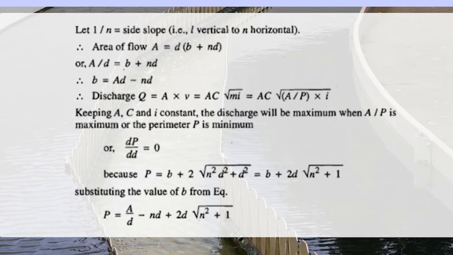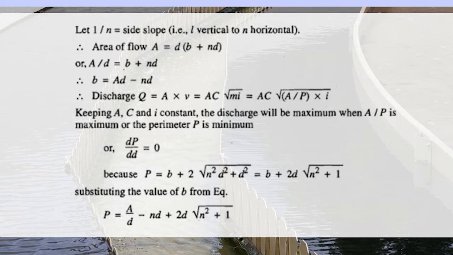Again here we keep A, C and i constant. So discharge will be maximum when A by P is maximum, or parameter P is the minimum. So again we differentiate dP upon dD equal to 0. In those terms we get P is equal to B plus 2 into root n square D square plus D square. On simplification it is equal to B plus 2D into root n square plus 1.